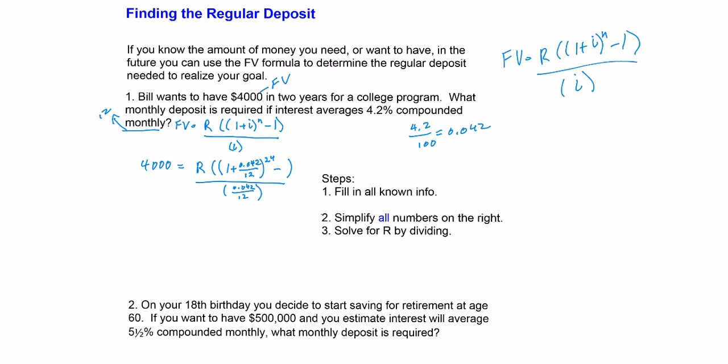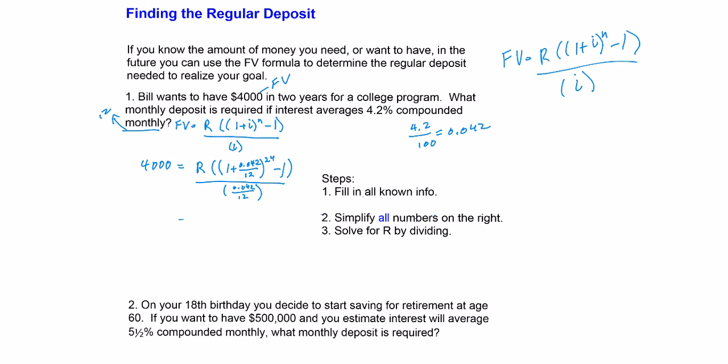Now, on your calculator, we're going to save ourselves some time. We're going to calculate bracket 1 plus 0.042 divided by 12, end bracket, raised to the 24, and then subtract 1, end bracket. Immediately upon calculating that, we divide by bracket 0.042 divided by 12, end bracket.